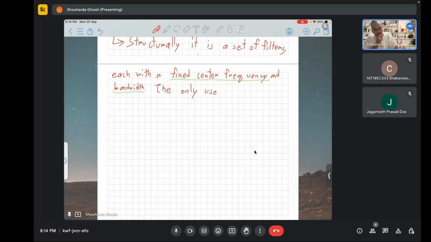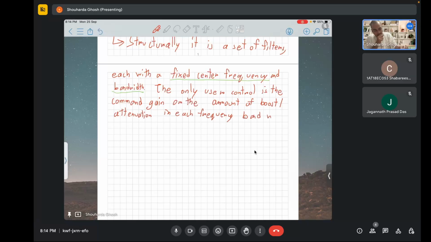The only user control is the gain, or the amount of boost or attenuation in each frequency band, which is often controlled with vertical sliders.